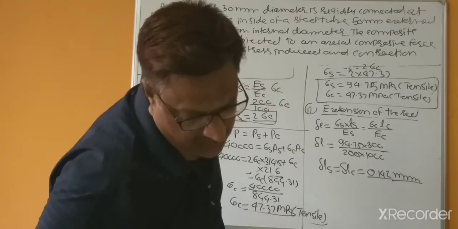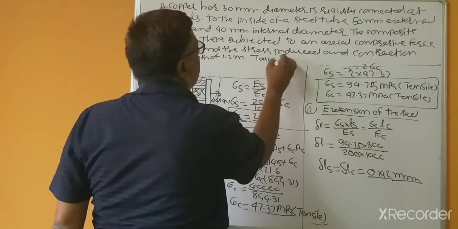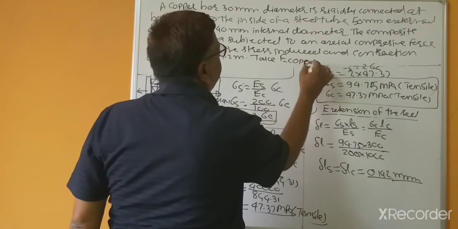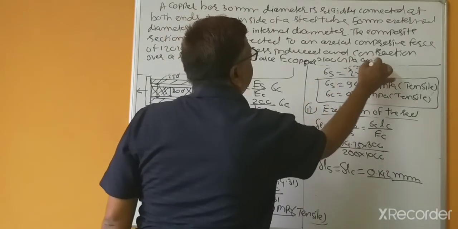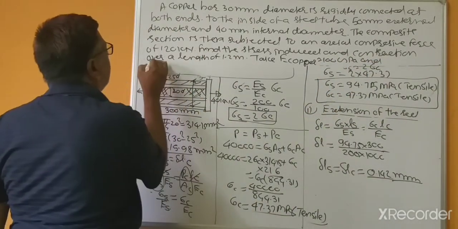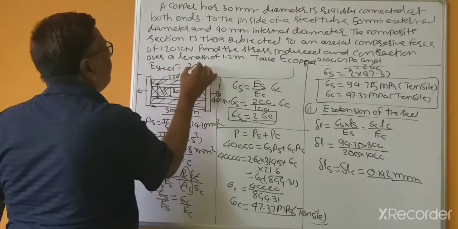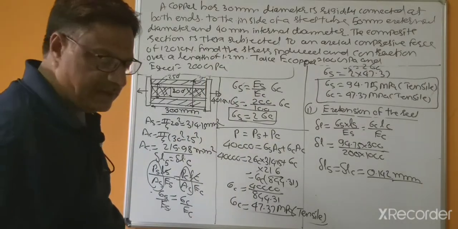Take E for copper 100 gigapascal and E for steel 200 gigapascals.